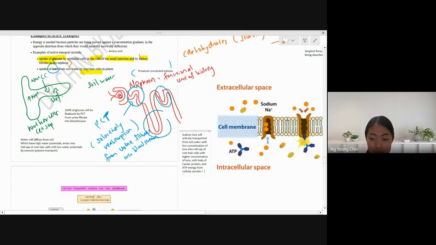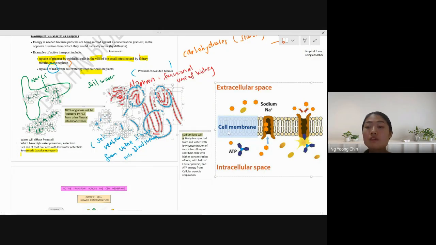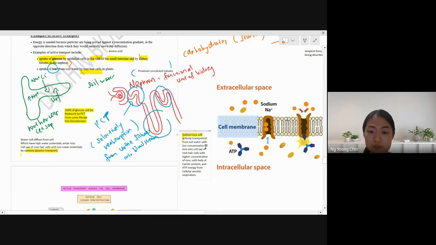So always remember how the root hair cell is able to absorb water and mineral ions from the soil water. Water is by osmosis. Then mineral ions are by active transport with the help of carrier proteins and also ATP energy. When you write the answer, you will get full marks already.